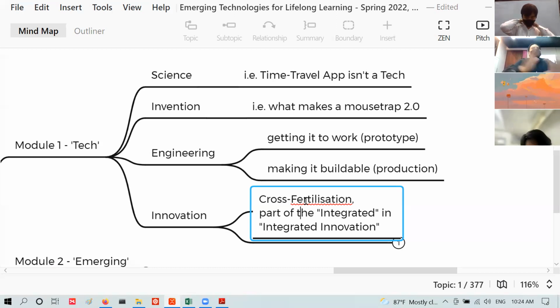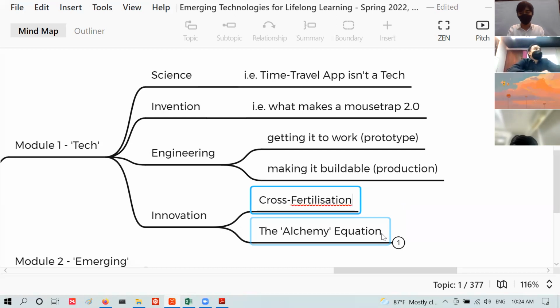So cross-fertilization is sort of like the multidisciplinary thing. And I'll give you a very good, very solid example. The other one is called the alchemy equation. The reason I call it the alchemy equation is because you guys know what alchemy is?